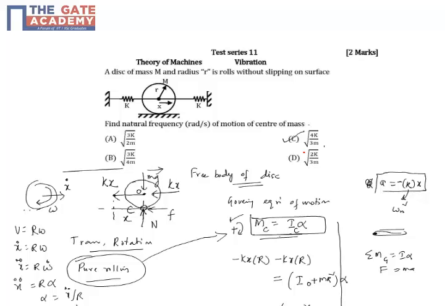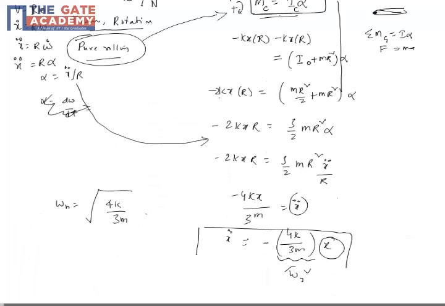The summation is constant, so you differentiate it. Ultimately you have to get a relation between x double dot and x. Always, for any kind of problem, you have to end up getting an equation between the acceleration and the displacement, and then the proportional constant gives the natural frequency.